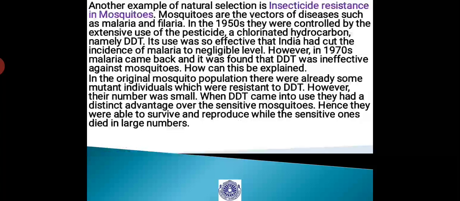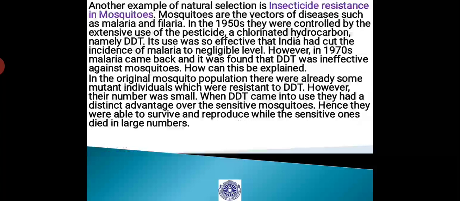Another example of natural selection is insecticide resistance in mosquitoes, particularly with reference to DDT. Mosquitoes are the vectors of diseases such as malaria and filaria. In the 1950s, they were controlled by the extensive use of a pesticide, a chlorinated hydrocarbon, namely DDT.